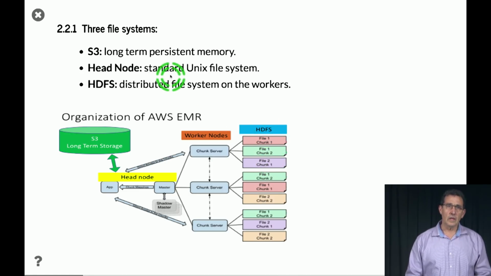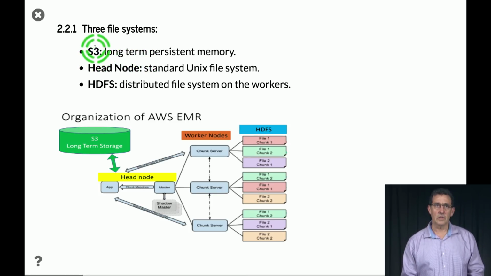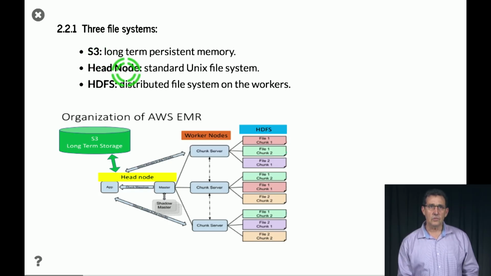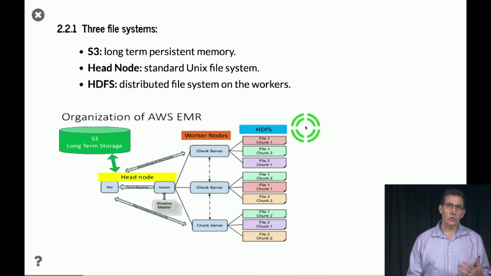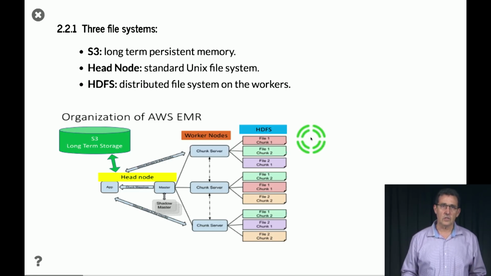So EMR, AWS adds another element to this, which is S3. You can think of S3 as the long-term disk storage. Usually we think about the disk storage on our laptop as long-term, but we're not so sure that's good, so we also put it on backup.